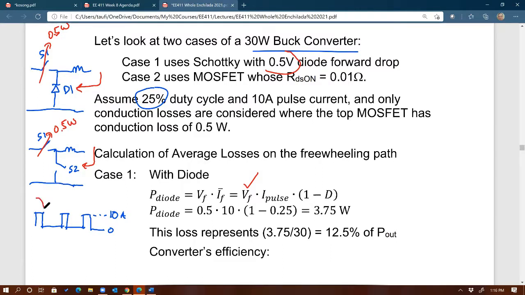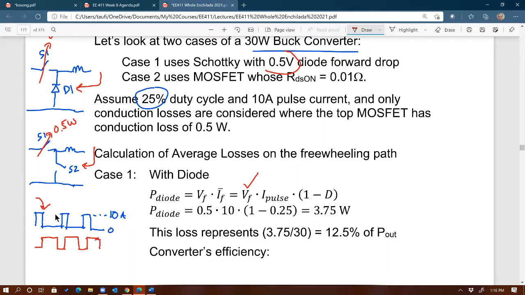If this is the current through the MOSFET, S1, then through the diode would be the complement of that. That's going to be through D1 or through S2.